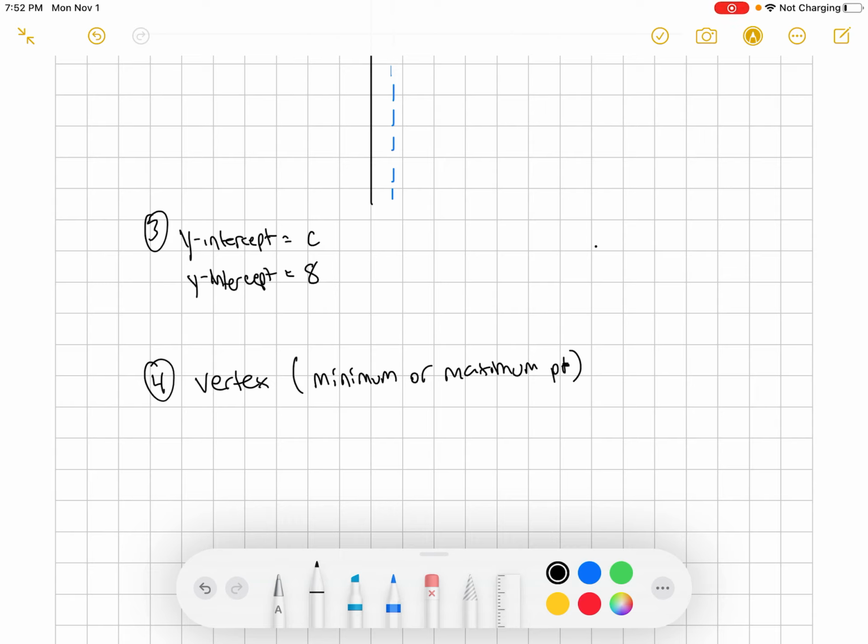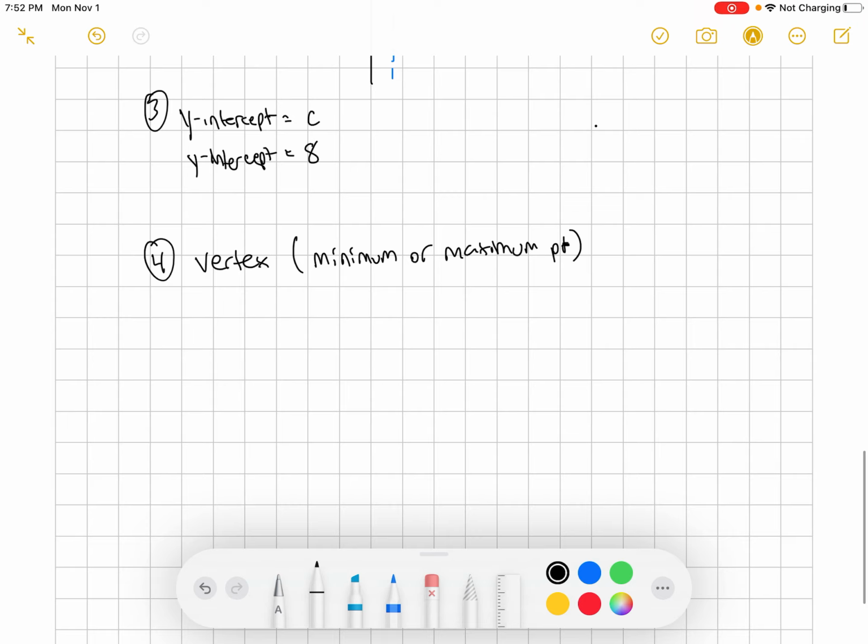And since this parabola opens up like this, we're going to have a minimum point at the very bottom of it. And it's always on that axis. Wherever that axis is, your vertex will be right on it. And since we're opening up, it's going to be our minimum point.